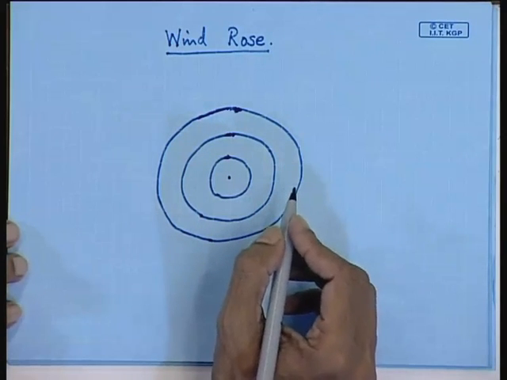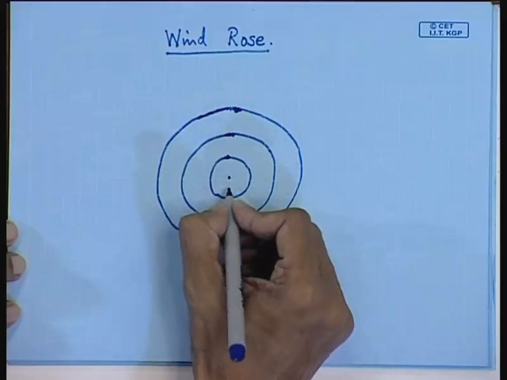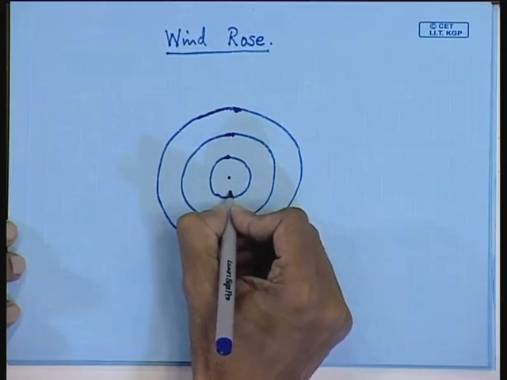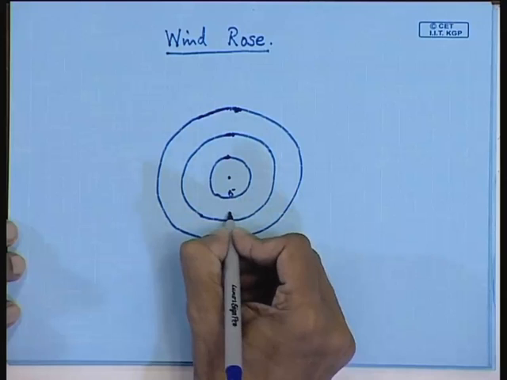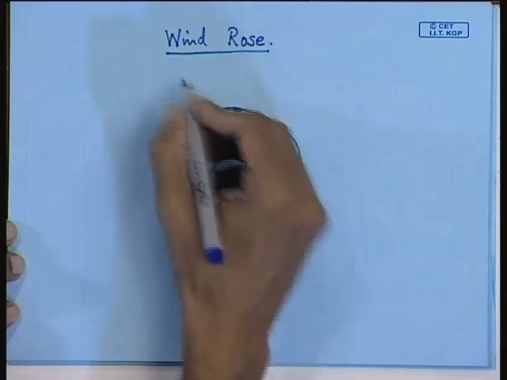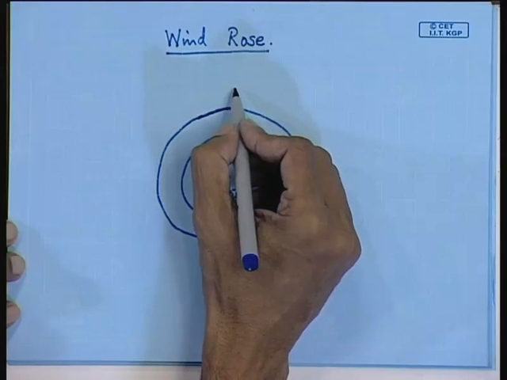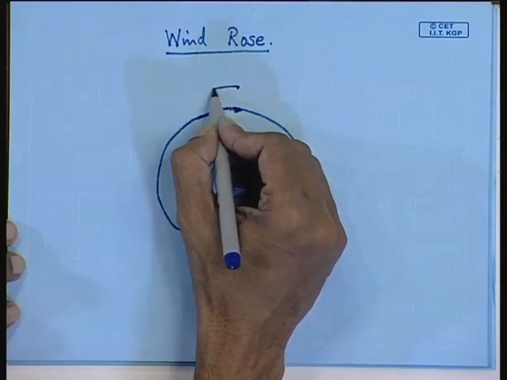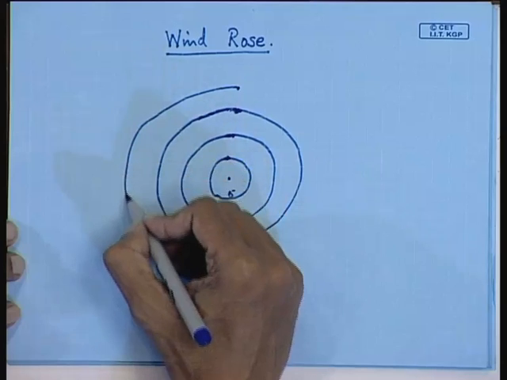This circle denotes 5% of time, next 10, then 15, and 20% of the time. Like this you construct a wind rose.